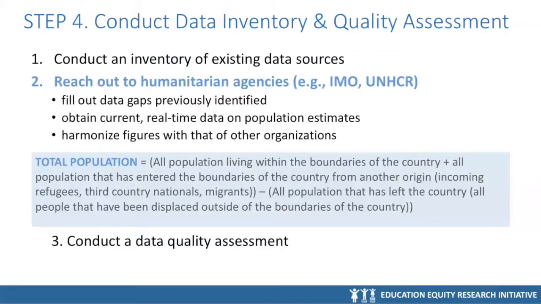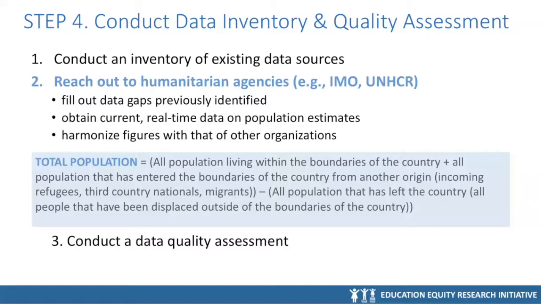So to support projects in their data inventory, the guidance document provides a list of traditional data sources as well as population estimate sources that projects can rely on. One recommendation that may be very specific for projects operating in crisis and conflict contexts is to reach out to humanitarian agencies as non-traditional data sources.